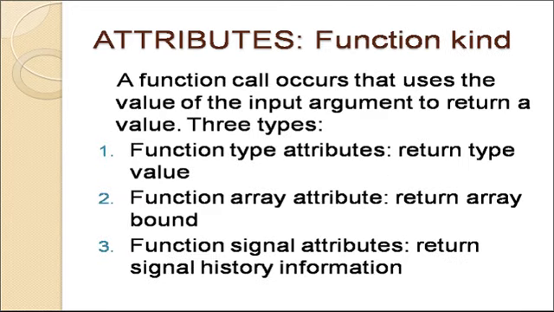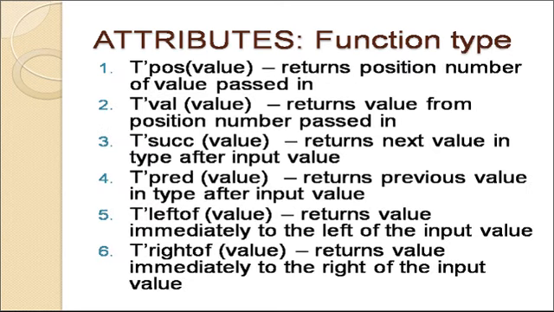Now these are the function kind attributes. The function type attributes will return a type value. Function array attribute will return the array bound, and function signal attribute will return the signal history information. Here you also have different attributes, that is T tick position, where you write the value.